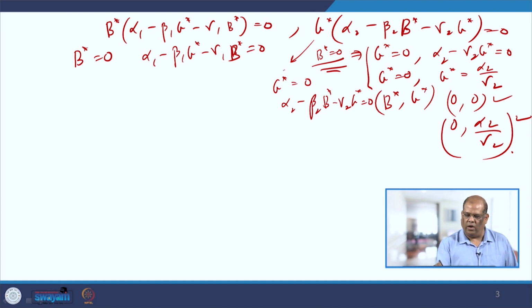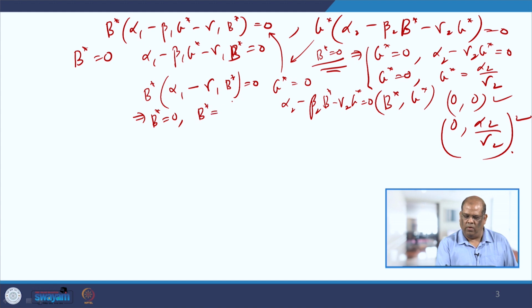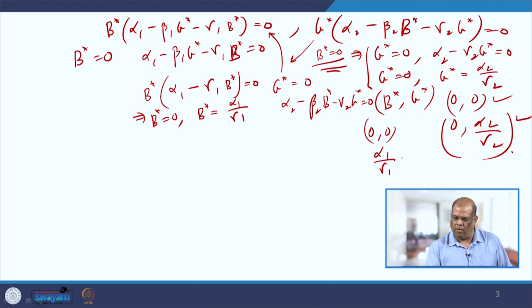Now, if G star equal to 0 and you substitute it here, you will get B star times alpha 1 minus gamma 1 B star equal to 0. This will imply B star equal to 0 and B star equal to alpha 1 by gamma 1. If I combine these two, I will get 0, 0 and alpha 1 by gamma 1, comma 0. 0, 0 is already there, so we accept this.